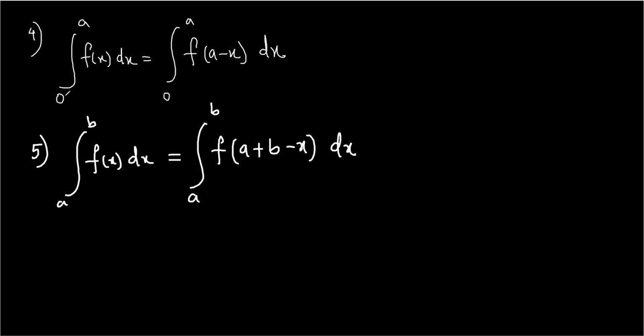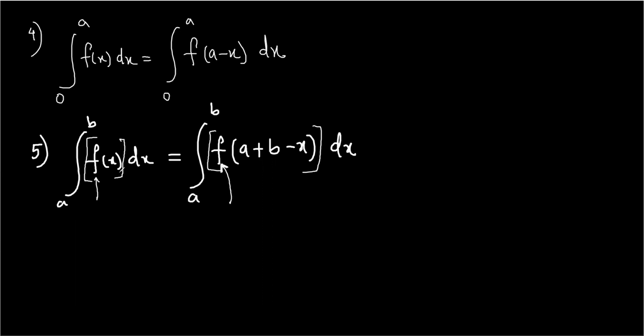In property number 4, you had 0 to a, so you maintained that on the right hand side integral as well. Here you have a to b, so you maintain it. You still write a to b. Do I change the function? Here I have function as f. No, I maintain the same function. It is still the same function f.